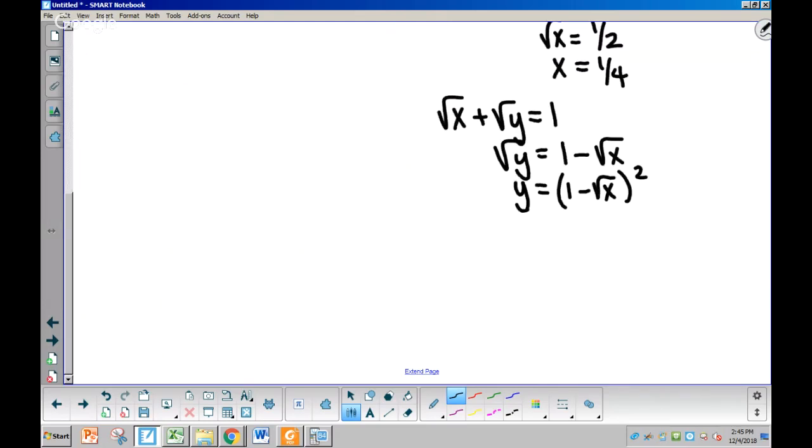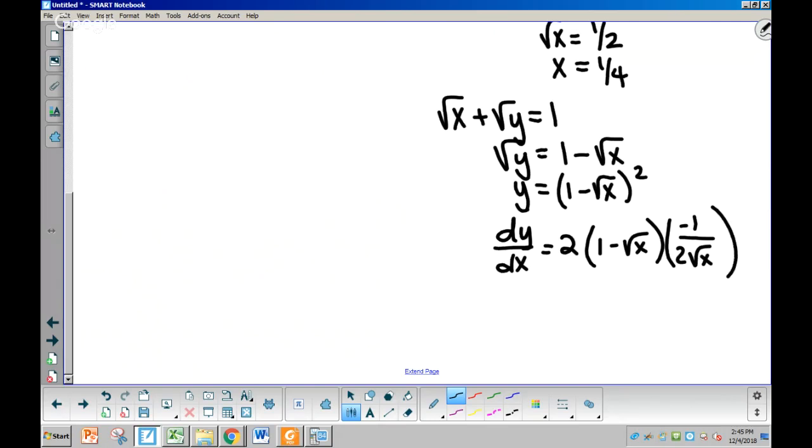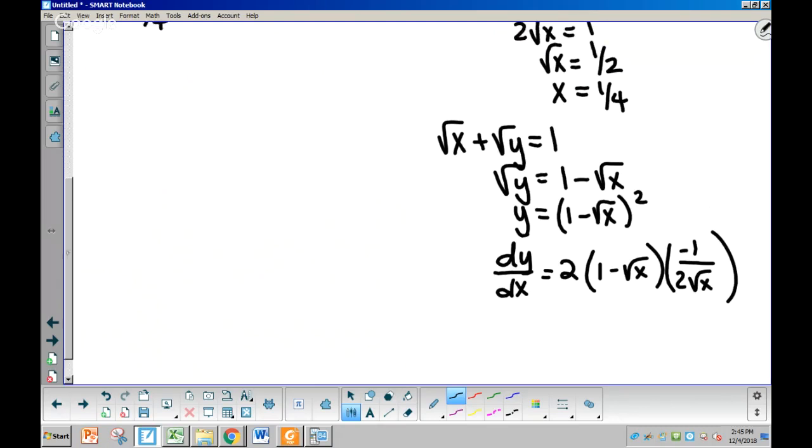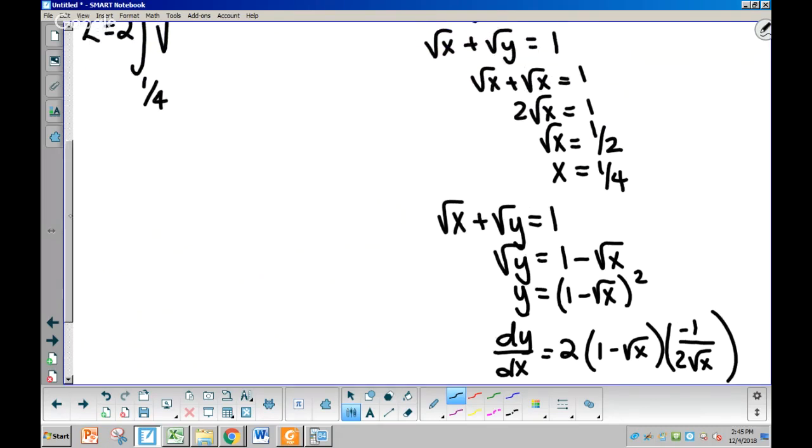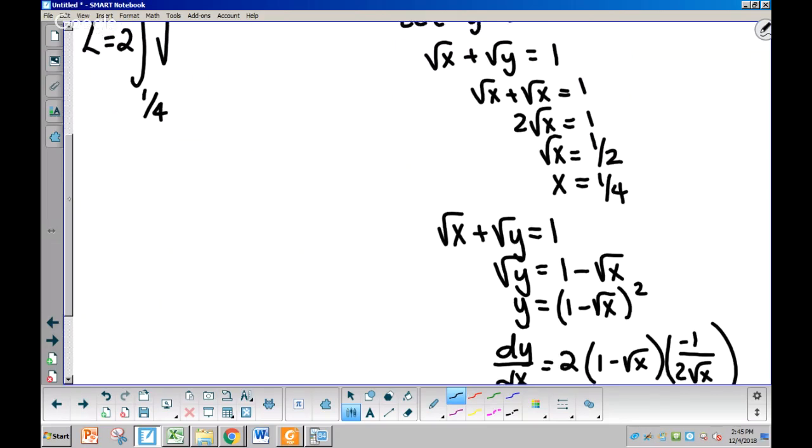Now I'm going to take the derivative of this. Power down, function, 1 minus root x to the power 1, times the derivative of the inside, which is minus 1/2 x to the negative 1/2. And I'm going to take that information and put it where? Back in dy dx.